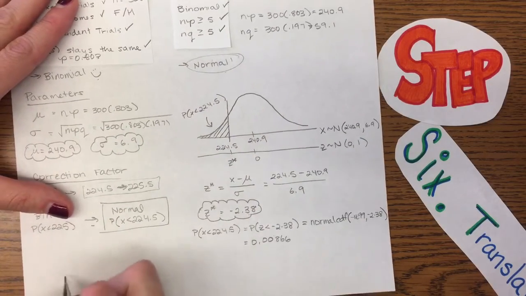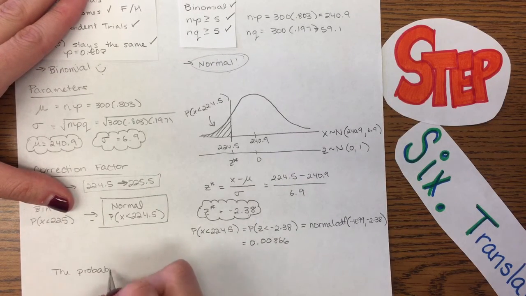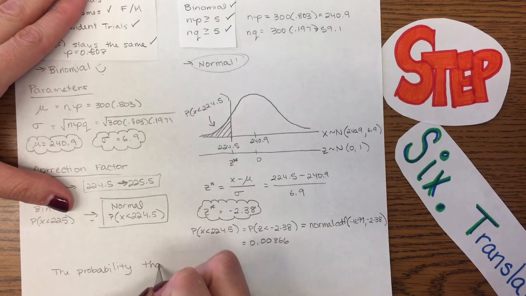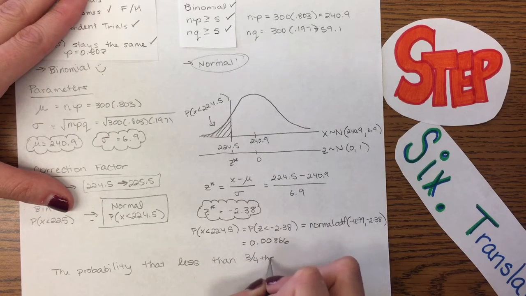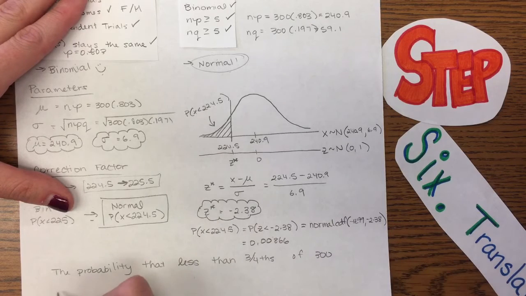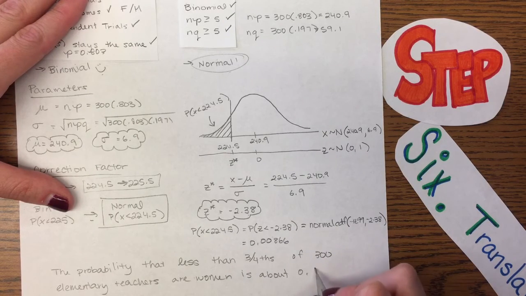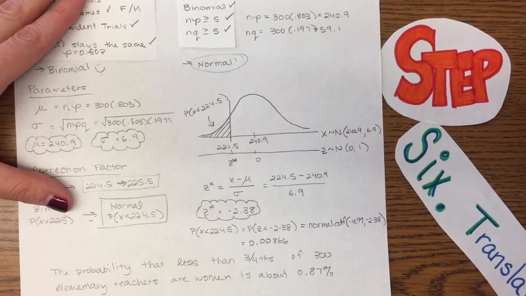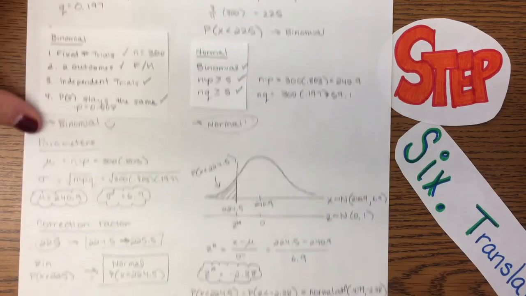So to put this into words, I'll say the probability that less than 3/4 of 300 elementary teachers are women is about 0.87%. It's super unlikely. This represents a complete problem with all steps.